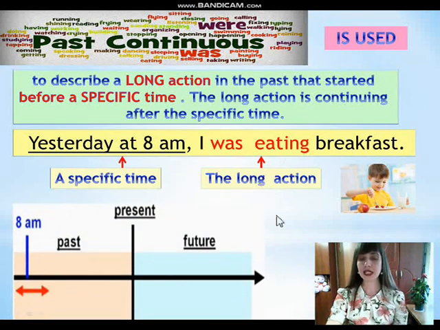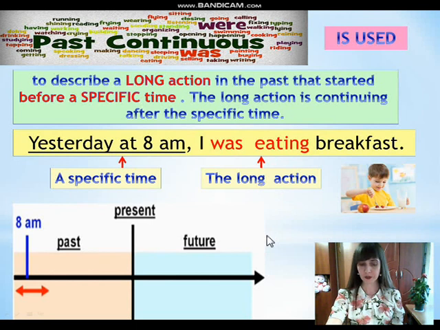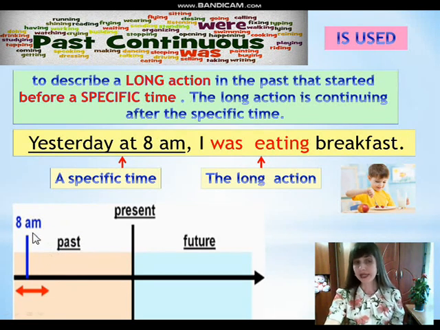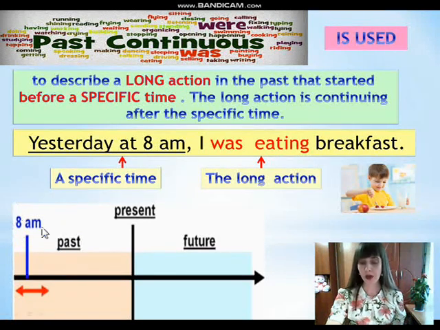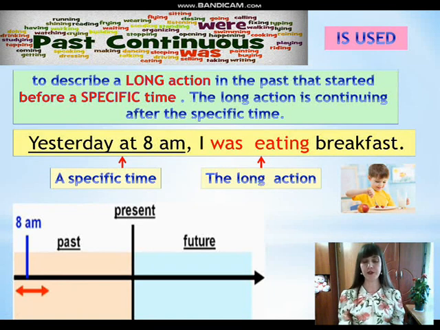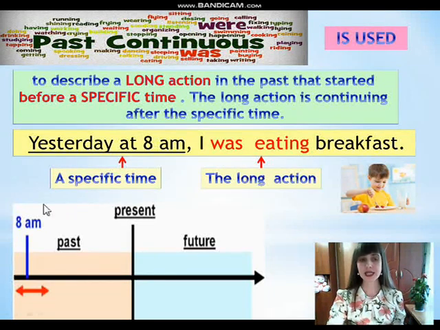Let's have a look at a time chart. So this is now, present, right? Also, we see the future and the past. Okay? 8 a.m. is a specific time, a very short specific time. 8 a.m. yesterday.